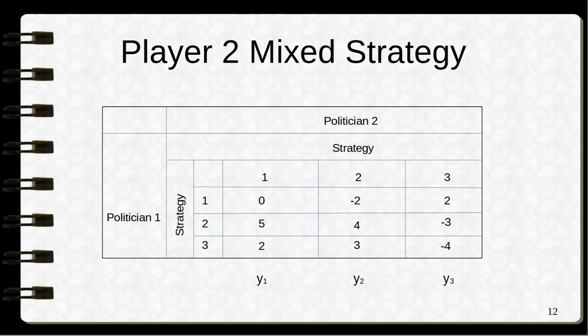The calculation for assigning probabilities to strategies is best solved from the perspective of player number 2, because in a payoff table for player number 1, or politician number 1, player number 2 mostly keeps losing, as we can see here, and in certain cases he keeps gaining. So player number 2 will assign probabilities y1, y2, and y3 to strategies number 1, 2, and 3. Always start from the perspective of player number 2 whenever you want to solve a mixed strategy problem, right?